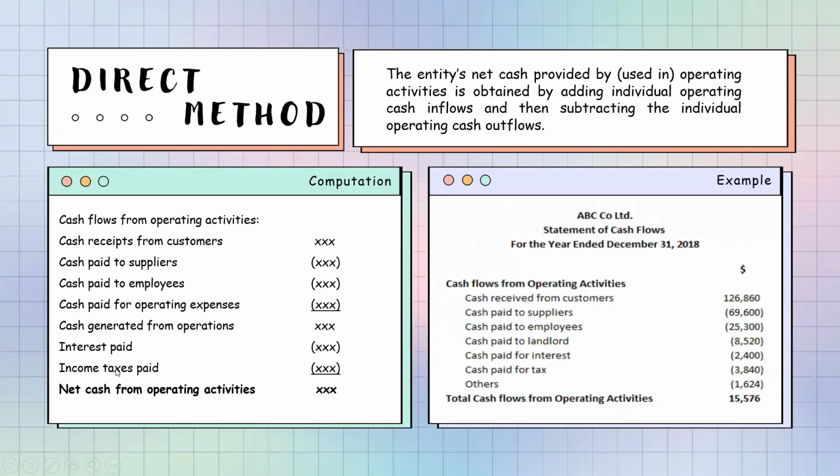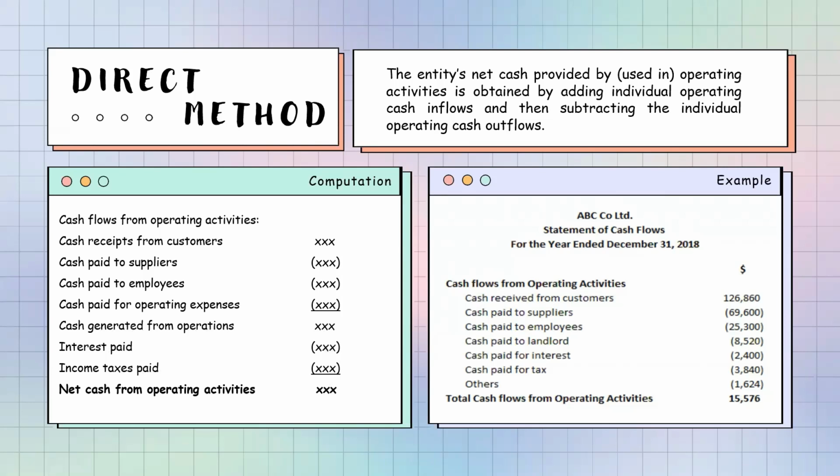And then yung interest paid, and then yung income taxes paid is nililess din. And then makikita nyo naman dito sa example. So, another thing pala guys, kapag positive yung total amount na makukuha natin, ang tawag doon, ang gagamitin natin dito sa title niya below sa total is net cash provided from operating activities.